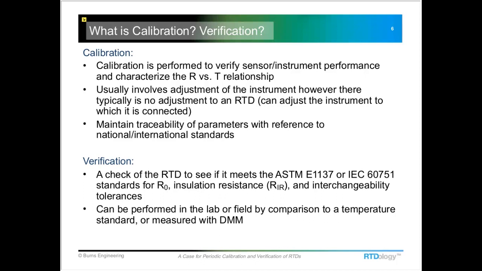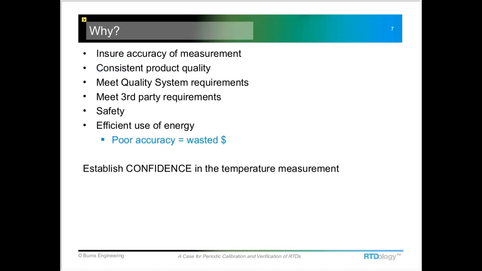They define a range and tolerance band for RTDs. These verification checks, you can usually do in a lab, or you can do them out in the field. It's generally a pretty easy, quick test where we'll maybe just be checking the resistance at 0 degrees C.